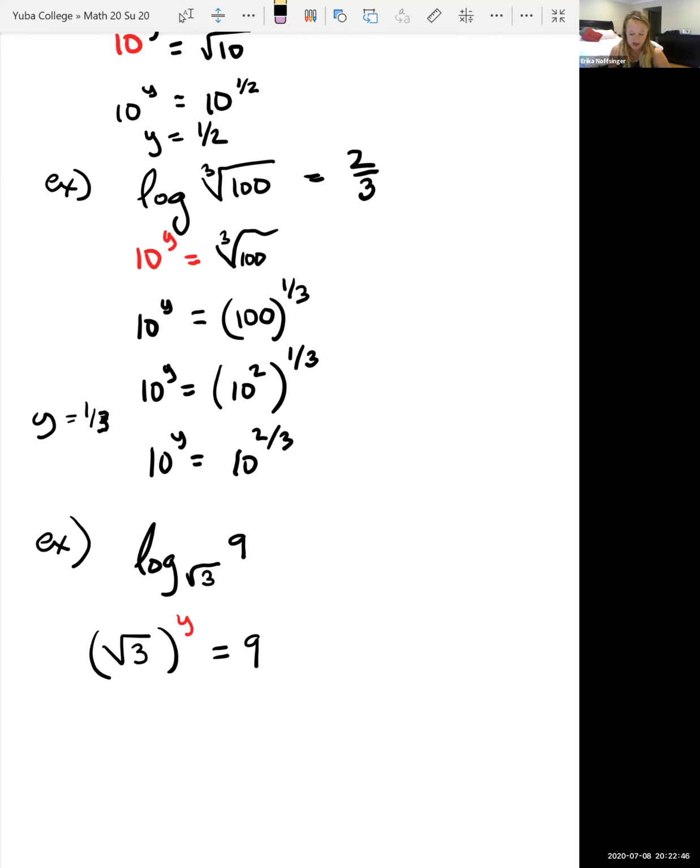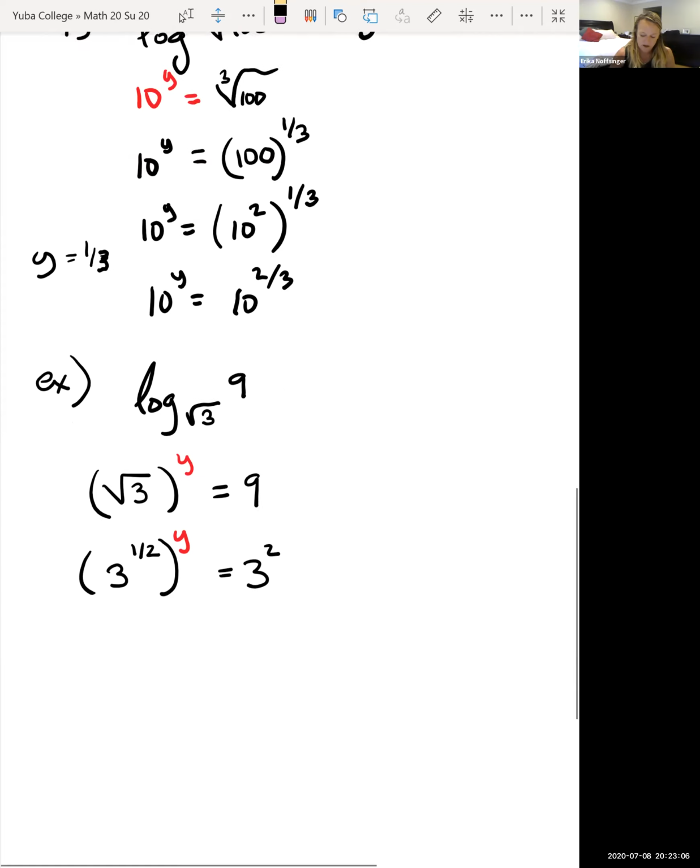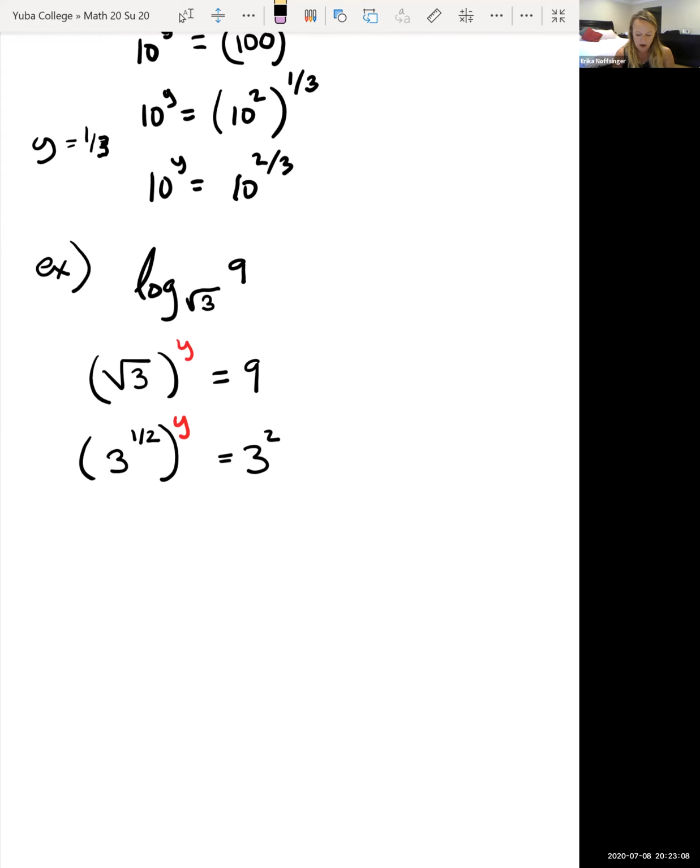So I notice 9 and square root of 3 can both be manipulated to be base 3. And so here we'll have 3 raised to the 1/2 power times y is equal to, and 9 is 3 squared. So power to power is multiplication.